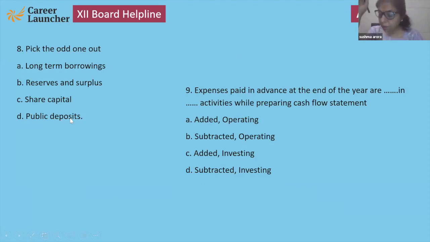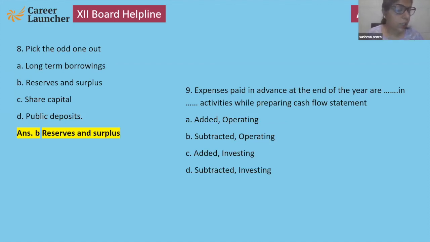Public deposits, see, you can study that topic in business studies as well. Public deposits, okay, deposits by the public. So here, reserves and surplus is odd. Okay, so here the answer is reserves and surplus.